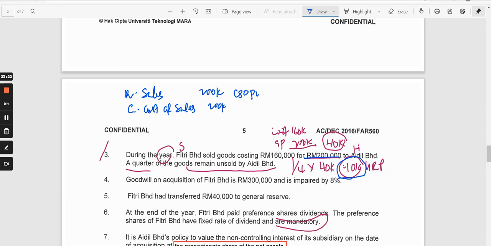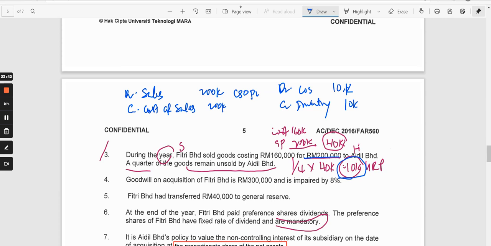And again, one more adjustment for elimination is the unrealized profit. You're going to debit the cost of sale, and that will be credited to the inventory. How much? 10,000.